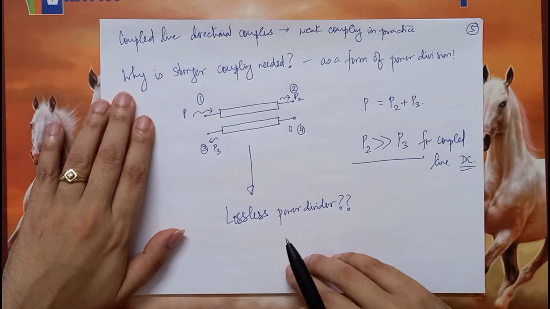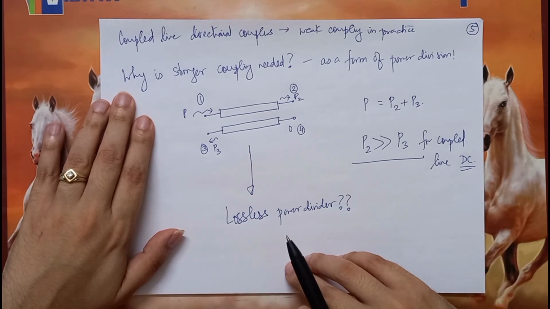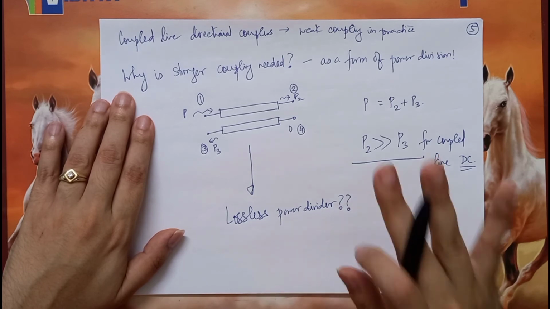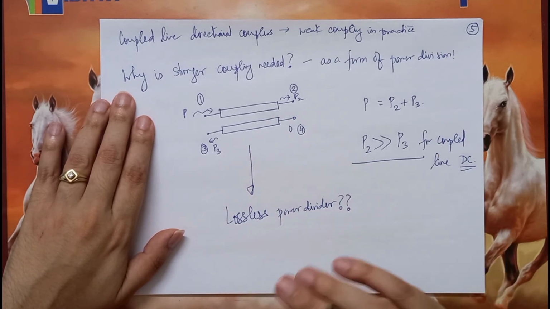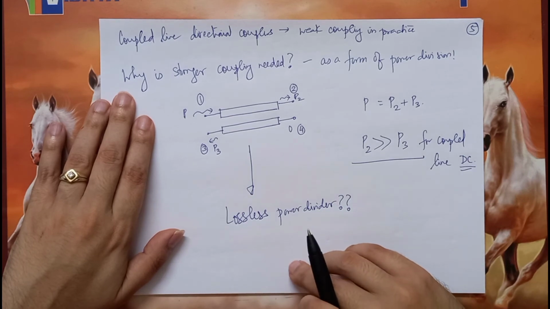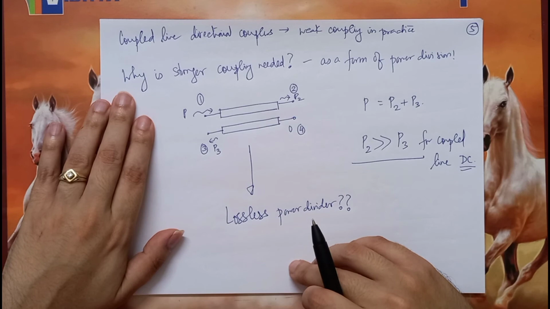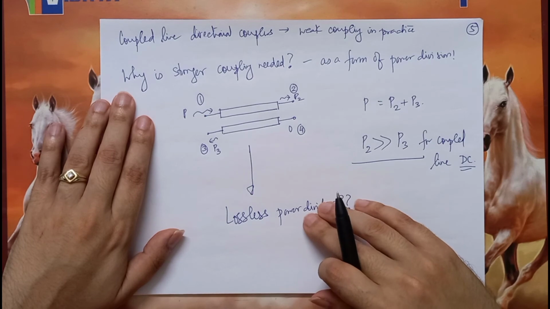While the functionality remains similar, that you can take some wave at some port and divide it into two ports while the last port does not get anything, so it is satisfying the definition of a coupler, it's not really a coupler because there is a direct connection. So those devices are called hybrids.